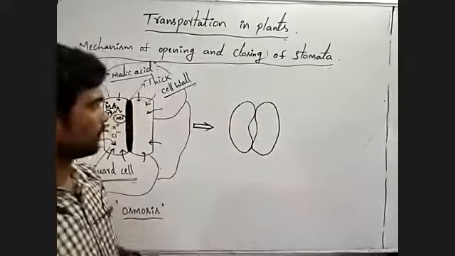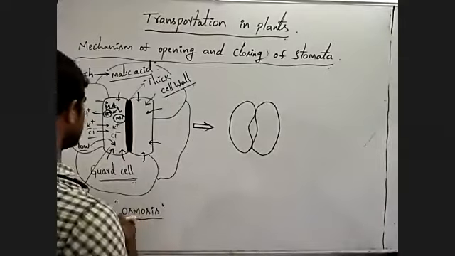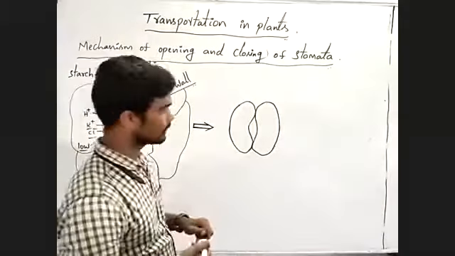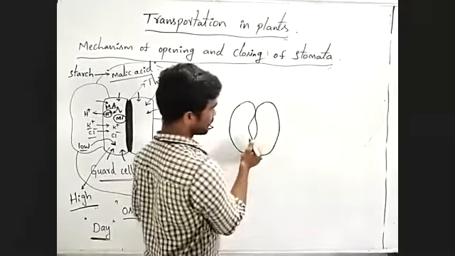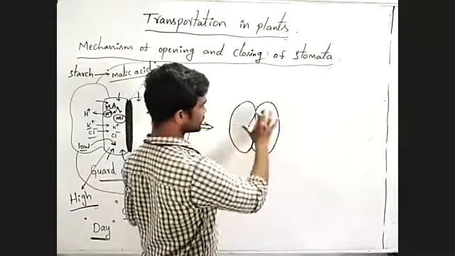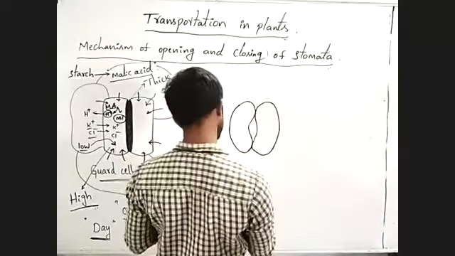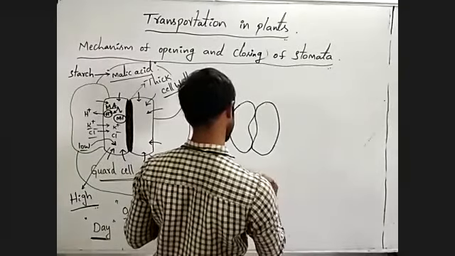Observe. Because of this pulling effect, guard cells get the crescent shape. Observe here, crescent shape.